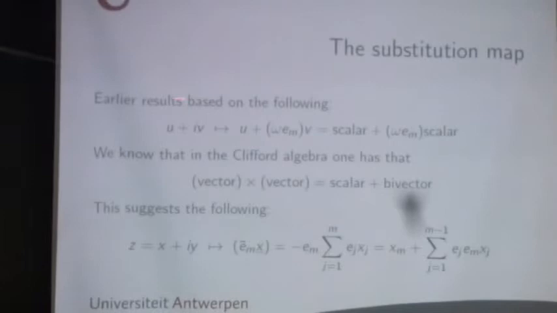Earlier results, that means Sommen, Qian, Kou, and so on, all have a substitution which is based on the observation that a complex number u plus iv goes to u plus omega e_m v. So in a sense, you map a scalar to a scalar plus a bivector times a scalar. That's what you do. Complex number, Clifford number, but it's a special Clifford number. It's a scalar plus a bivector.